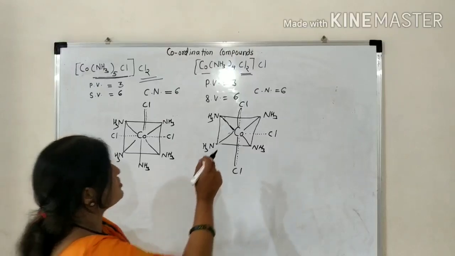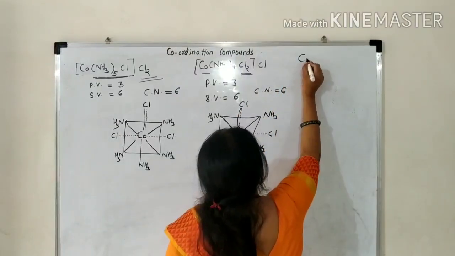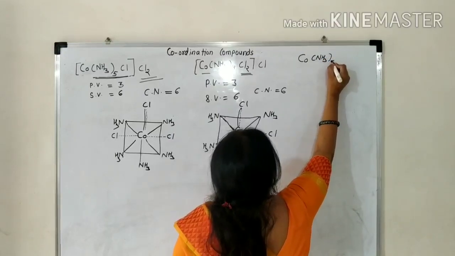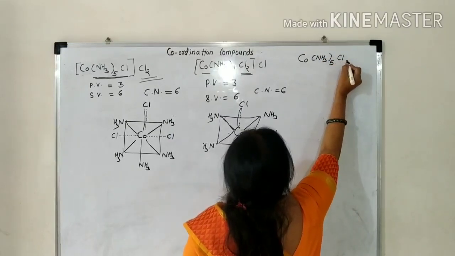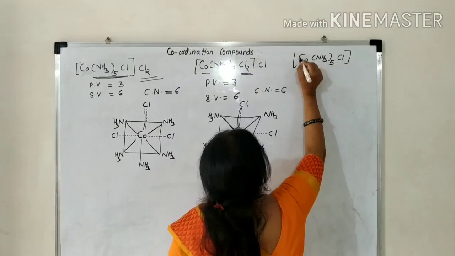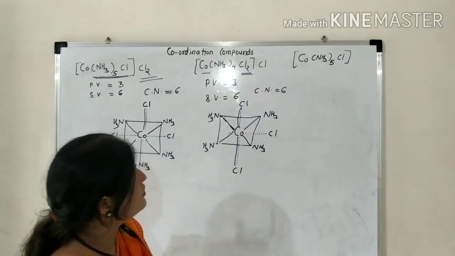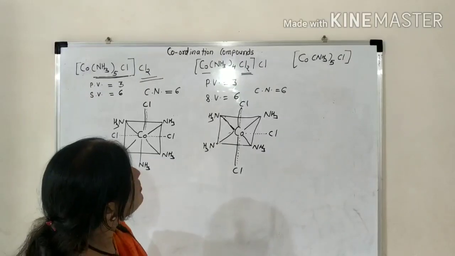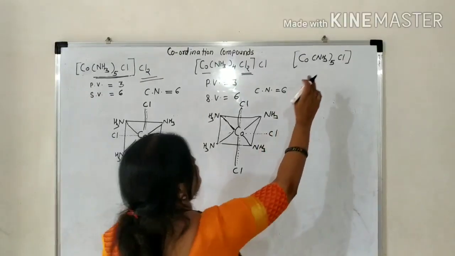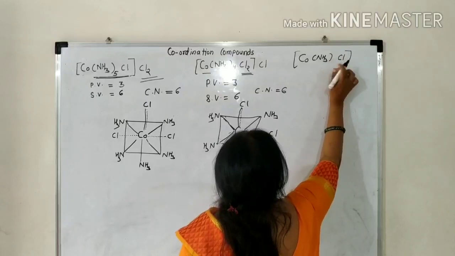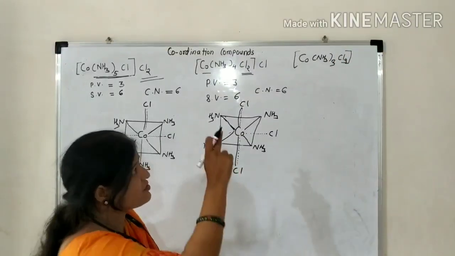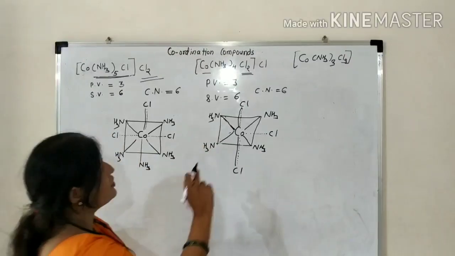Okay. Now the next structure. Suppose here Co NH3 3 times Cl3. Then we can also draw its structure here.